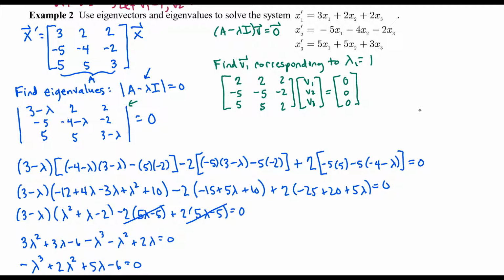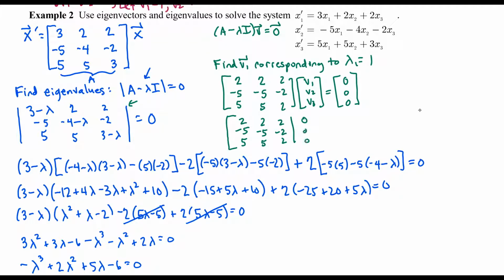Now, in order to solve this system, I'm going to use my calculator and the RREF function, reduced row echelon form, to solve the system. But we'll have to be able to interpret this because we are dealing with a dependent system with an infinite number of solutions.